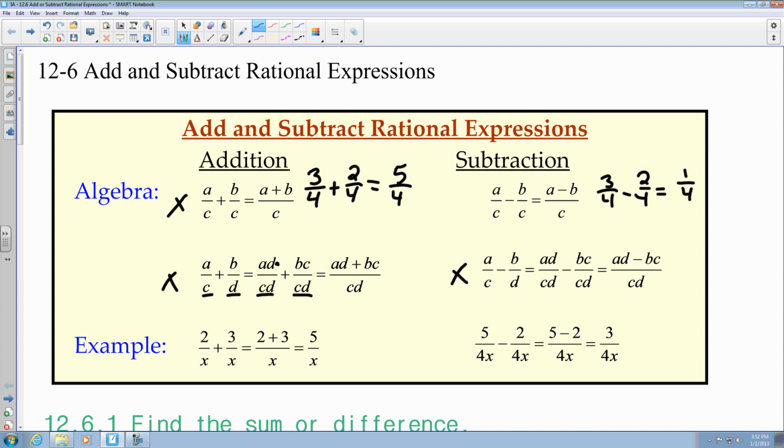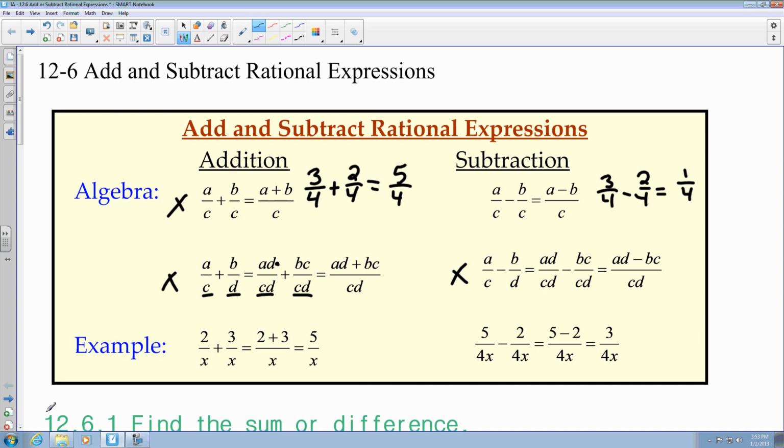Same thing with the subtraction. If you go a over c minus b over d, that equals ad over cd minus bc over cd, because like I said before in addition, we must do the same thing to the numerator and the denominator.